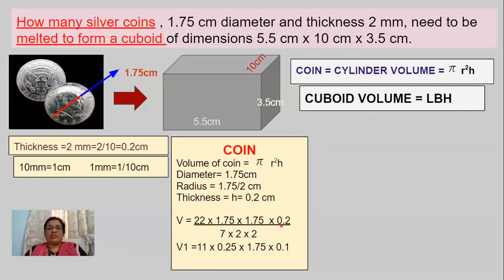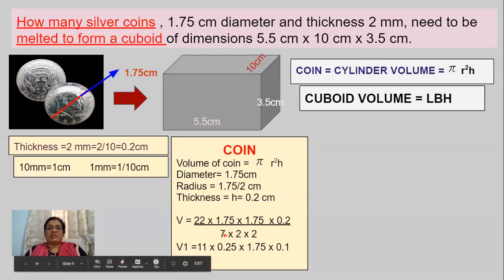So for the volume, the 7 cancels, and 2 elevens are 22, so these two will cancel. Again when you cancel, you'll get 11 into 0.25 into 1.75 into 0.1.